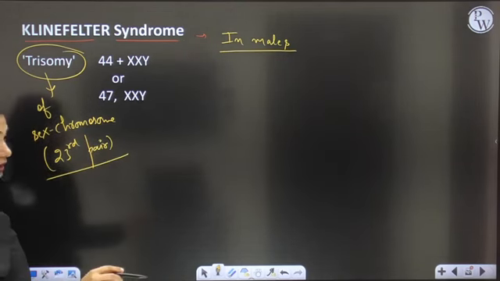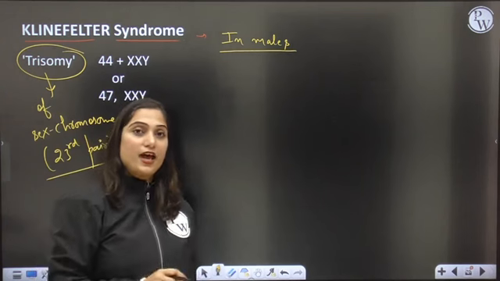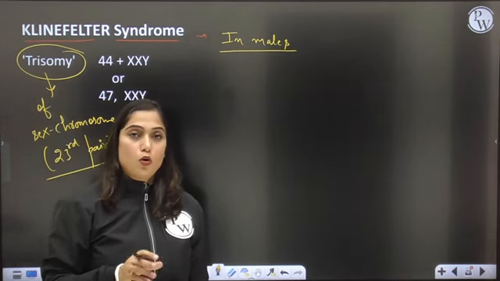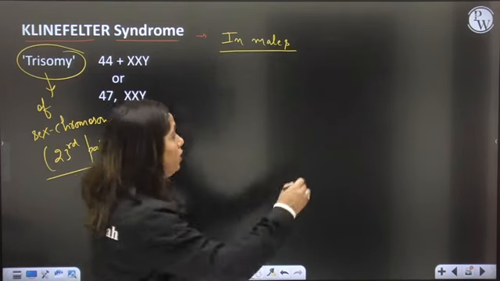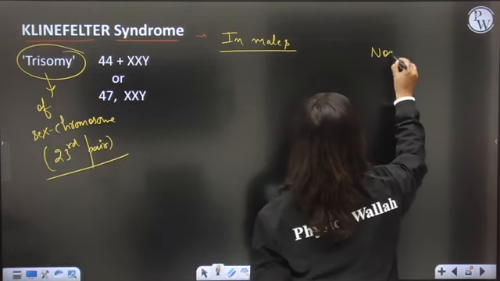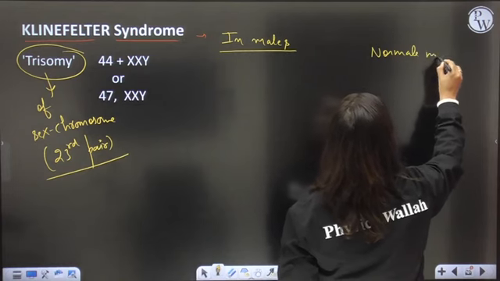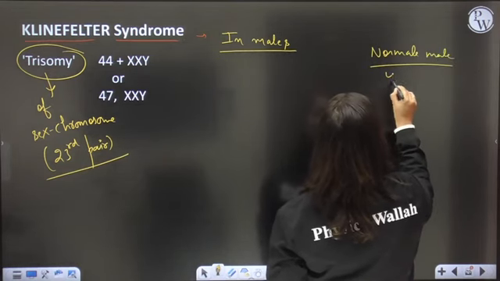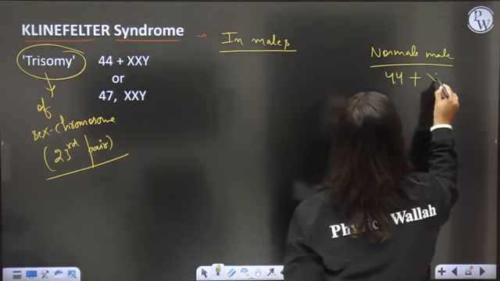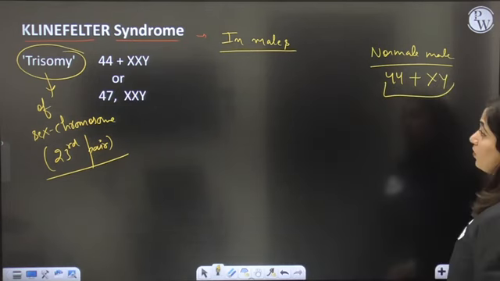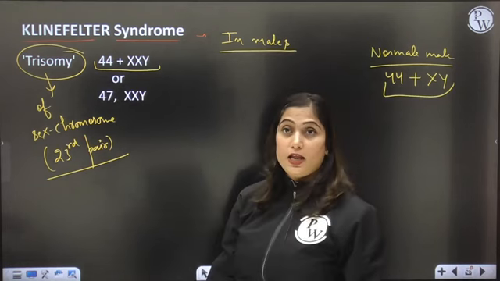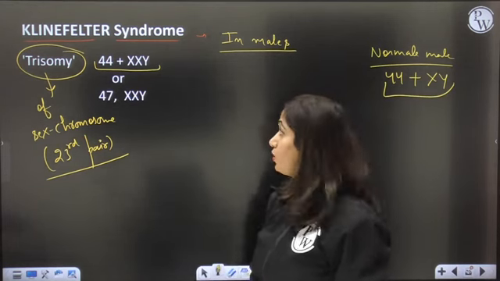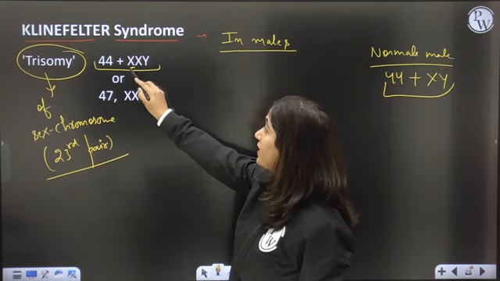Usually in a male, we have 44 autosomes and 2 sex chromosomes, that is XY. So a normal male has the 44 plus XY condition, right? But you can see that a male affected with Klinefelter syndrome has 2 X chromosomes.